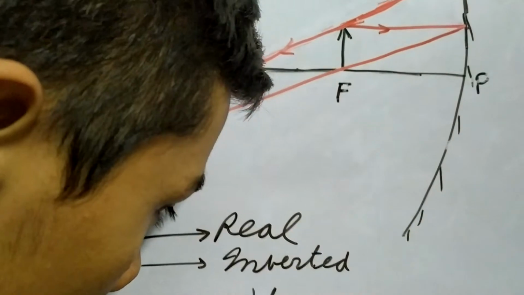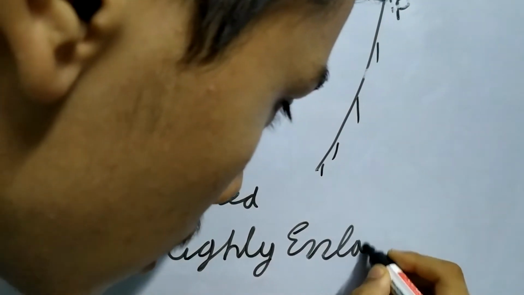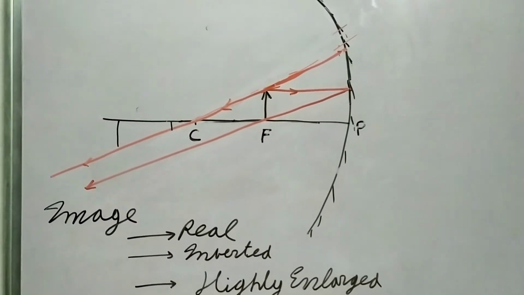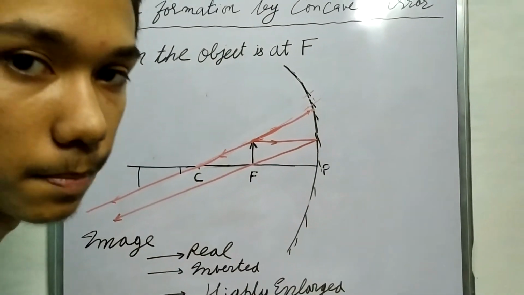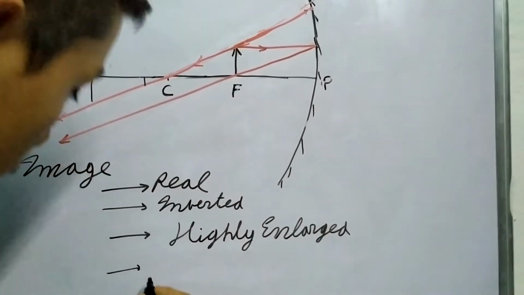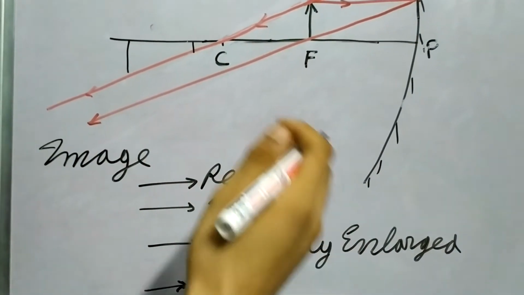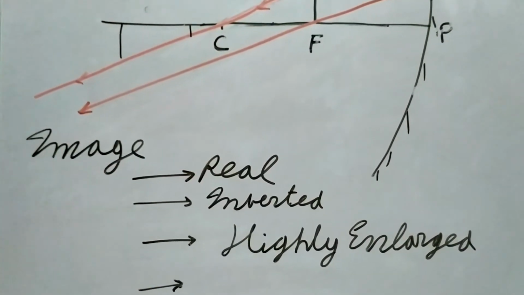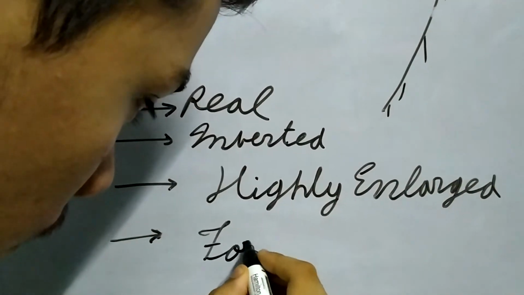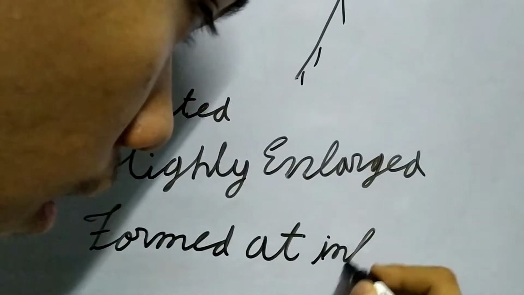Okay, you can call this highly enlarged or enlarged if you wish. So a very big image will form, and of course it will be inverted. Where will it form? That's right, it will form at infinity. If the rays are meeting at a point at a large distance from the mirror or really far away, we say that they are meeting at infinity. So the image is formed at infinity.